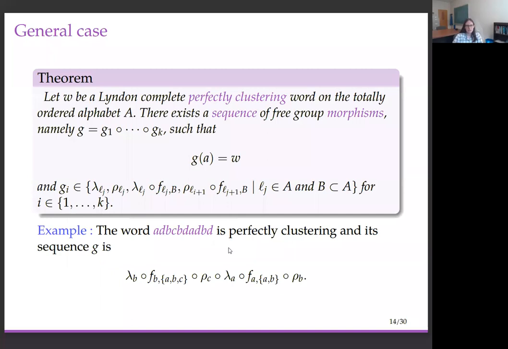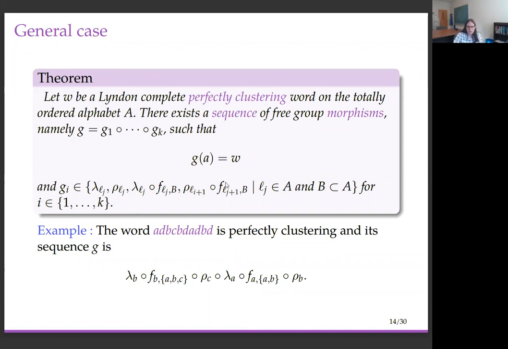Like that, you get the theorem that says that there exists a sequence of group morphisms G1 to GK, such that if I apply my sequence of morphisms on A, I will get my perfectly clustering word W, and the GI in the sequence will be given by the lambdas, the rhos, and F concatenated with lambdas and rho concatenated with F, which means that I will always have words on the alphabet AR with every letter appearing in it.